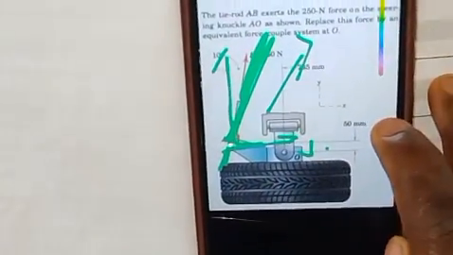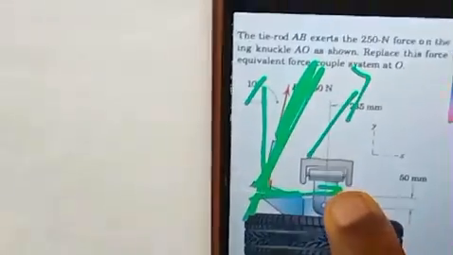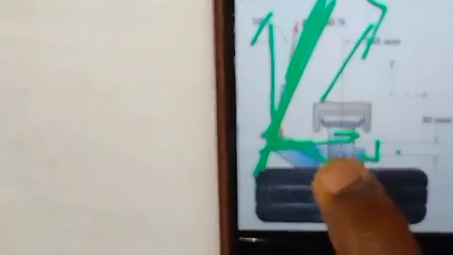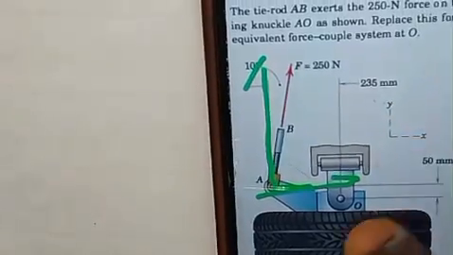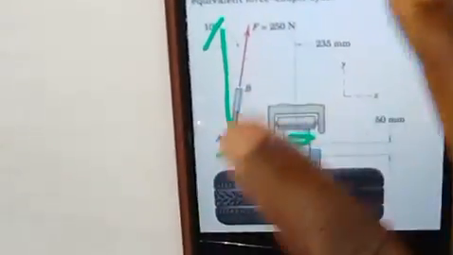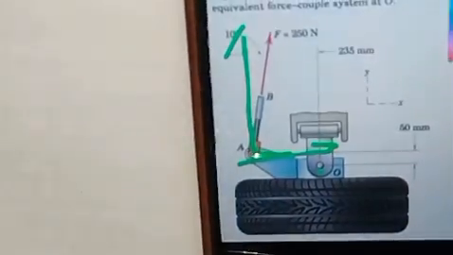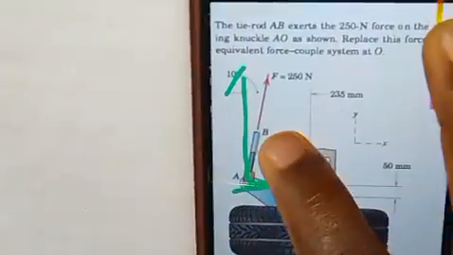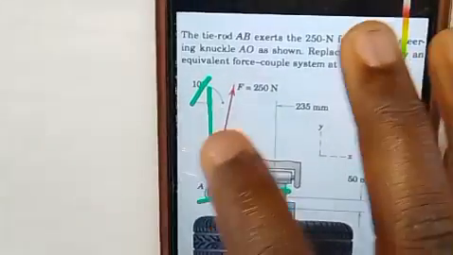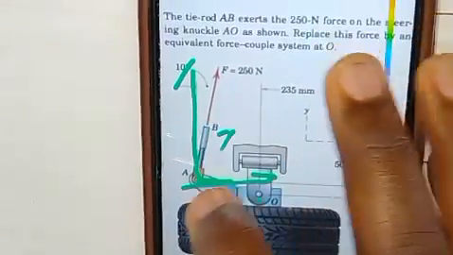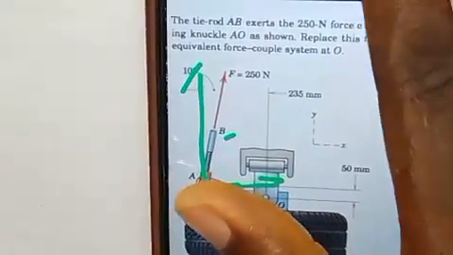And for us to get our position vector, we have to pick a point on this line of action. We can pick any point from this line of action, but we pick a convenient point. If we pick point B, don't forget we don't know the magnitude of this B, so it will be very difficult for us.